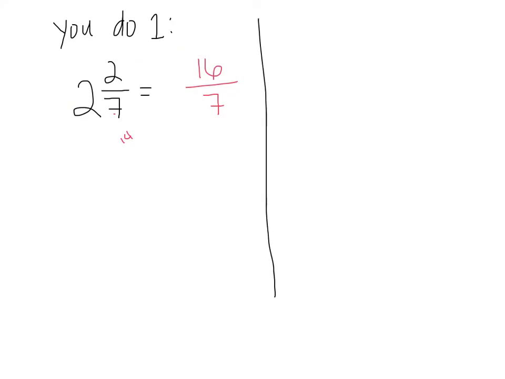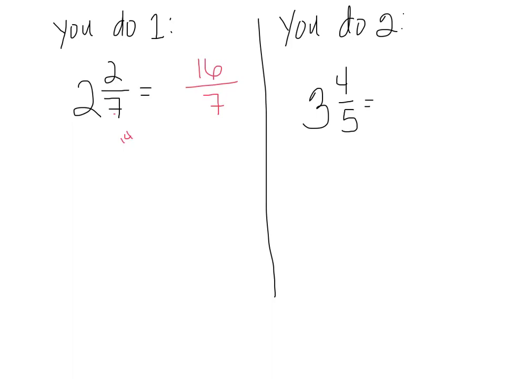Let's try one more you do, just to make sure you've got it. You do number 2. And let's go with 3 and 4/5. Change 3 and 4/5 to an improper fraction, and then push play when you've got an answer. Okay, so you must have an answer now.